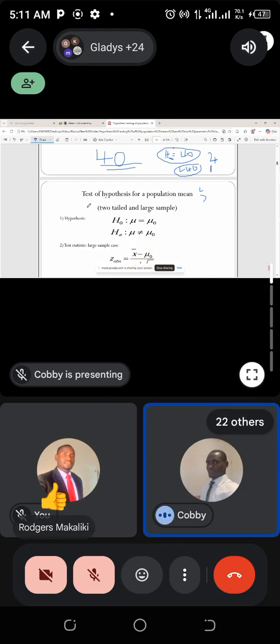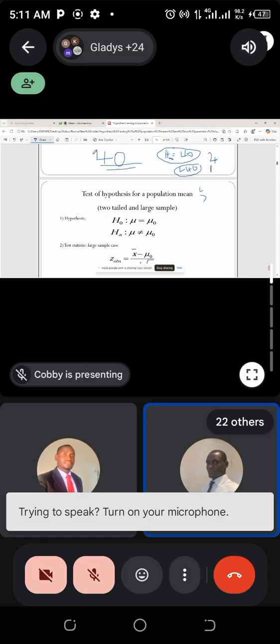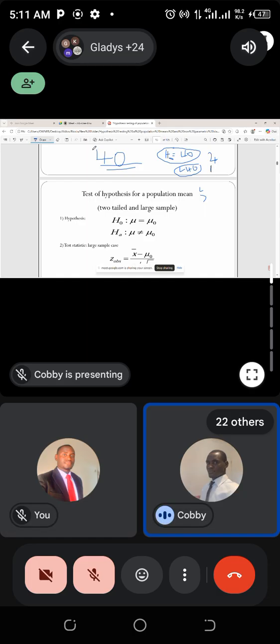Here we are interested to test the population mean. So our hypothesis is going to say the population mean is equal to the hypothesized population mean, or the population mean is not equal to the one that we hypothesized. We have hypothesized that the average age for everyone here is 40.